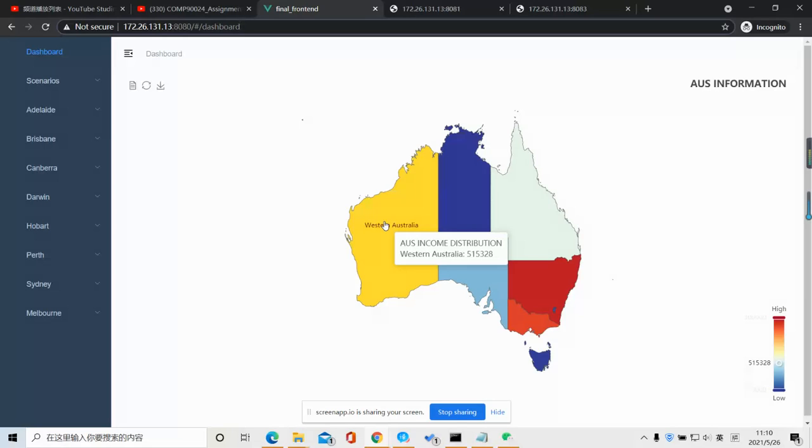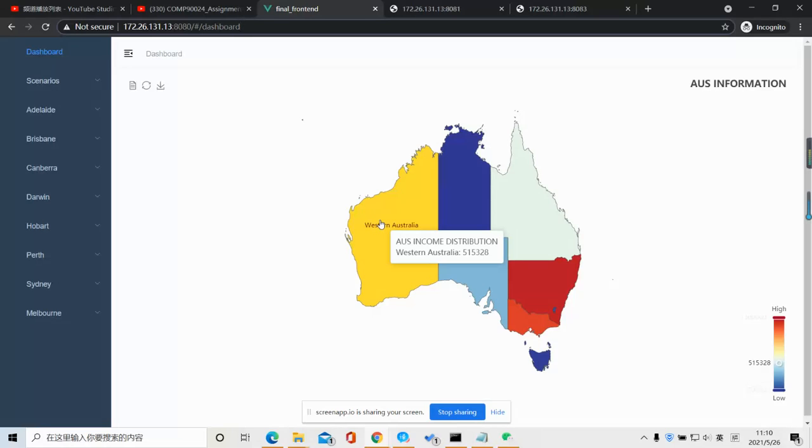For example, for Western Australia, we give the income level as 515,328. Yeah, that's a very big value.